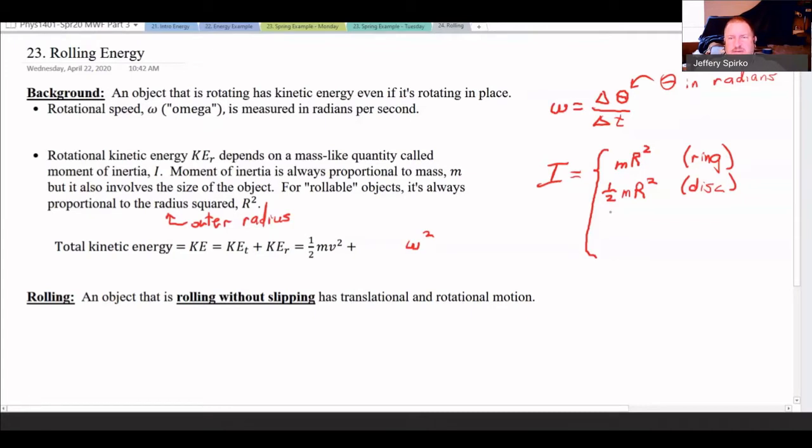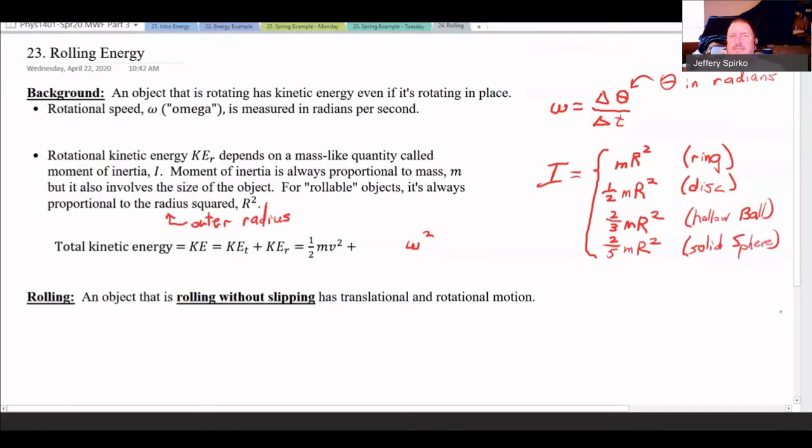There's a 2/3 mr squared, and this is for a hollow ball, and a 2/5 mr squared for a solid sphere.